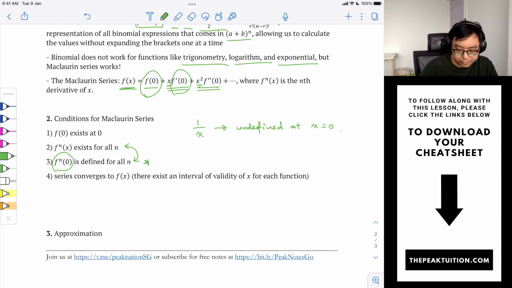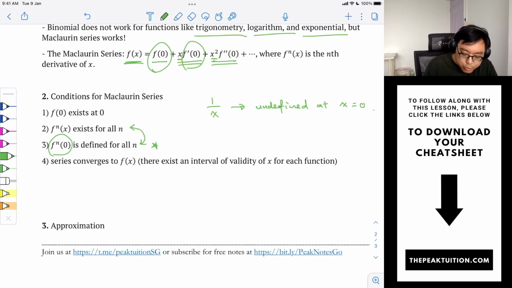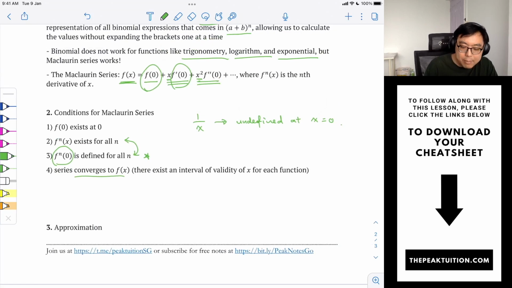So to ensure that the series converges, sometimes we have to restrict the range of x such that this series expansion can converge to a real number, to a defined answer. So these are the conditions for the Maclaurin series to exist.